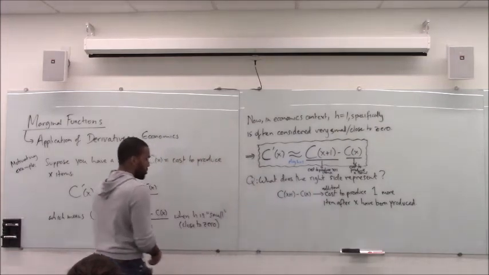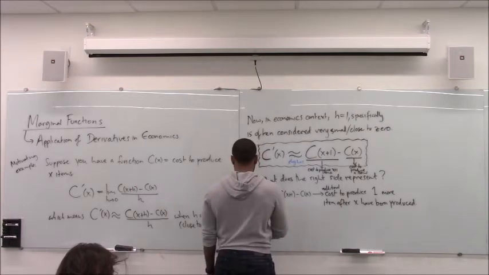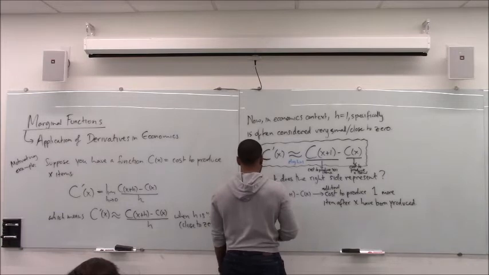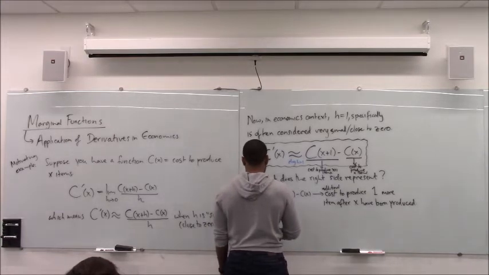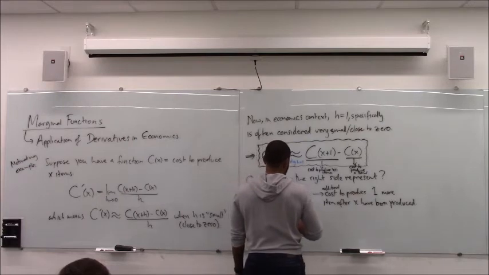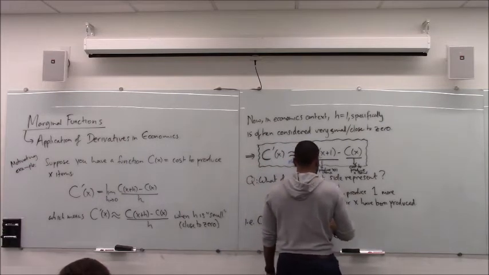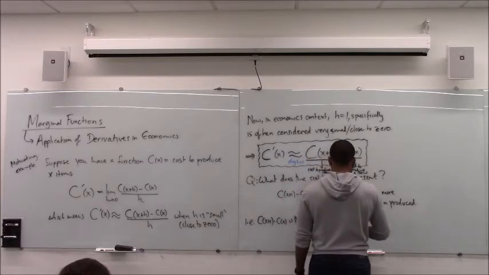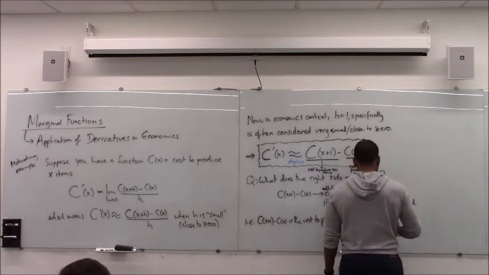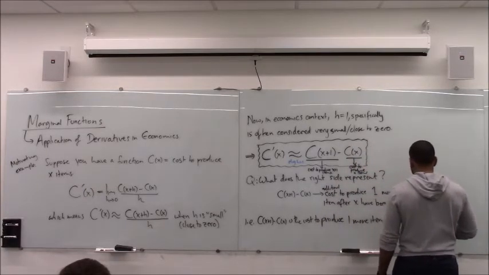So, i.e., in economics terms, we can say that c of x plus 1 minus c of x is the cost to produce one more item at the margins, as you would say, right?